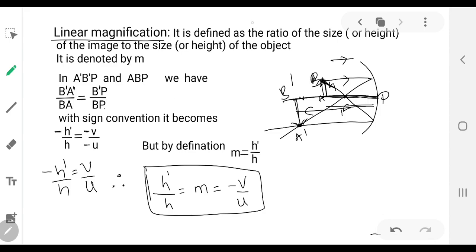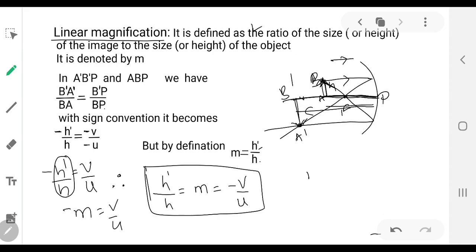By definition, H dash by H, the ratio of image height to the object height, is equal to M. So H dash by H becomes M. Minus M is equal to V by U. So minus sign, we shift it to the other side.